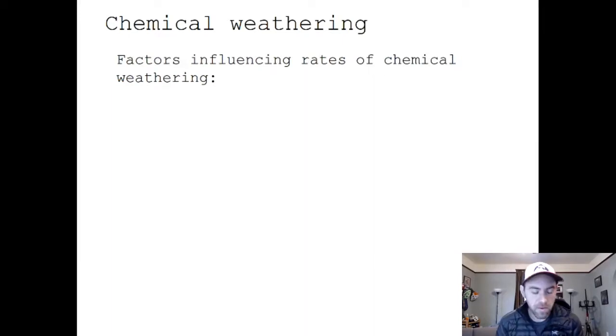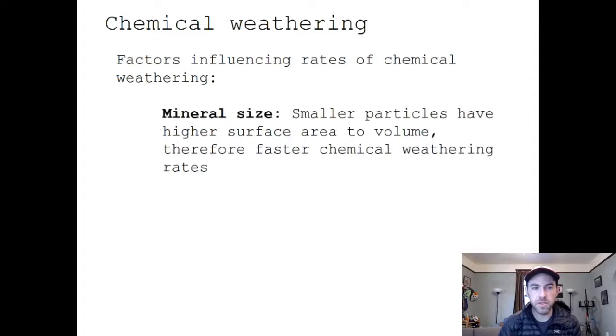And so chemical weathering, as I mentioned, is the breakdown of rock by dissolution or transformation of the minerals into some other mineral structure, and by changing the chemistry of those minerals. And so the things that influence the rates at which that occurs are things like the mineral size, right?